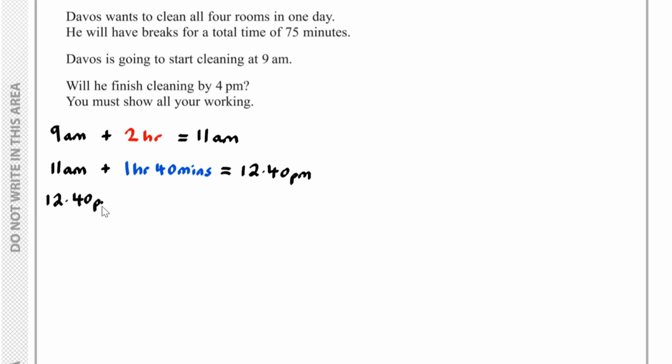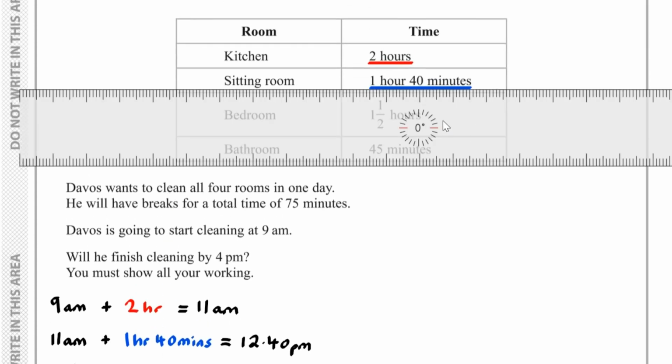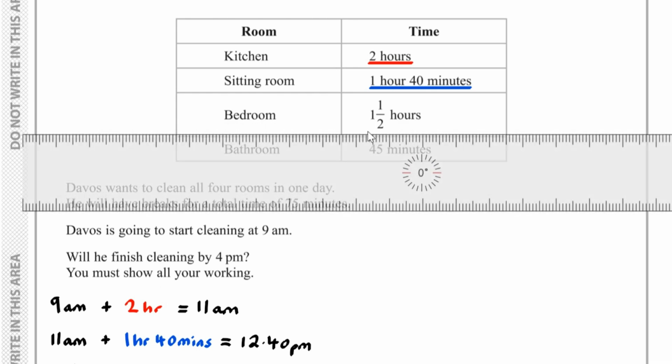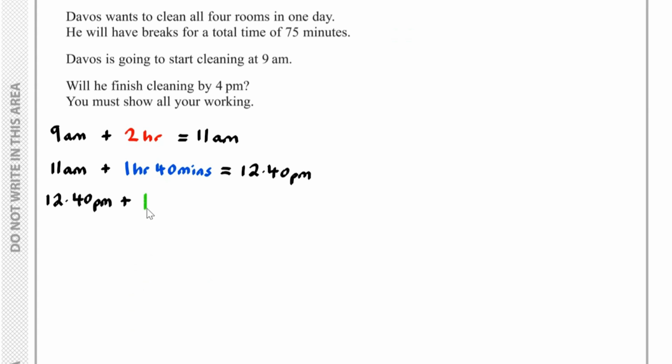So we're at 12:40 PM, and then what we need to do is clean the bedrooms, and the bedrooms take 1.5 hours to clean. So I need to add on 1.5 hours to this, and it turns out we finished cleaning the bedrooms then at 2:10 PM.